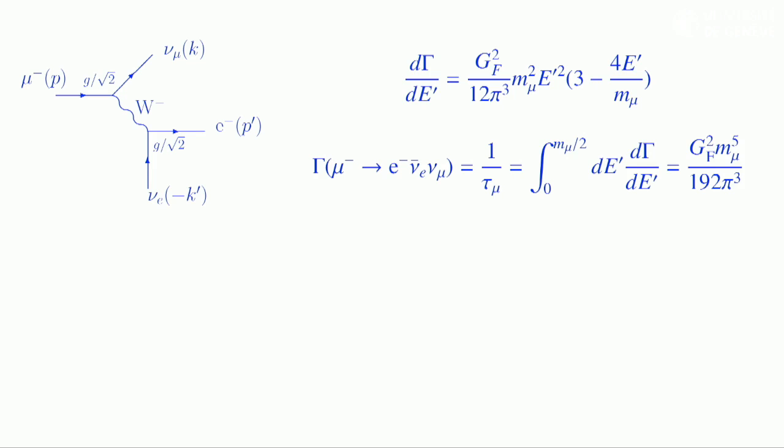The measured lifetime of the muon is close to 2.2 times 10⁻⁶ seconds. We thus find a Fermi constant GF of about 10⁻⁵ inverse GeV². The factor m⁵ comes in through the phase space factors, which enter into the calculation of Γ.